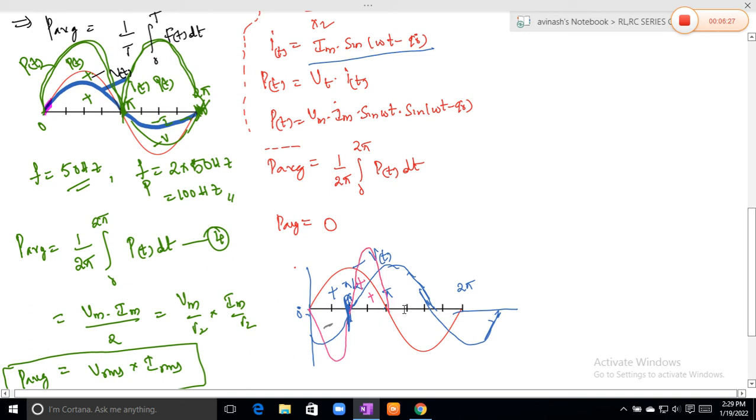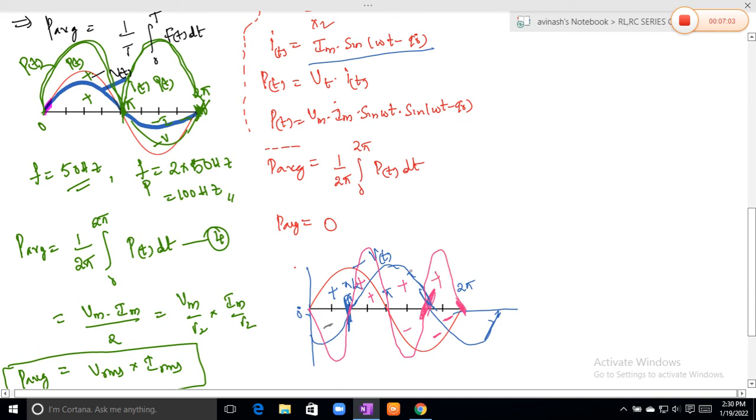In the same way, from 180 to 270 degrees, current is positive but voltage is negative, so power will be negative during this peak. Next, from 270 to 360 degrees, current is negative and voltage is also negative, so power will be positive.